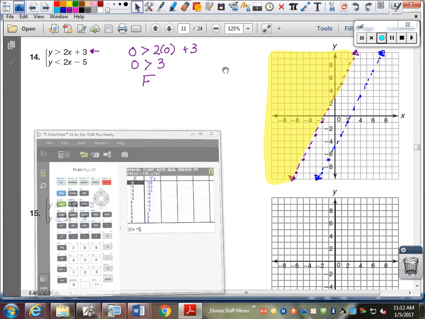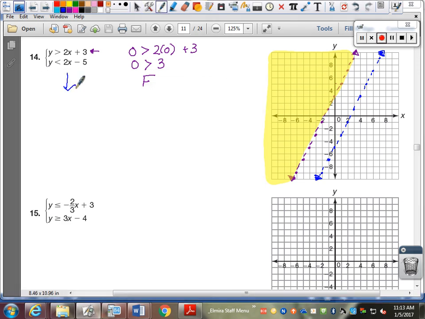Which way do we color? Okay, 0, 0 method. Is 0 less than 2 times 0 minus 5? Is 0 less than, let's see, -5? Well, that is false. So again, I am going to color on the other side, away from the origin.